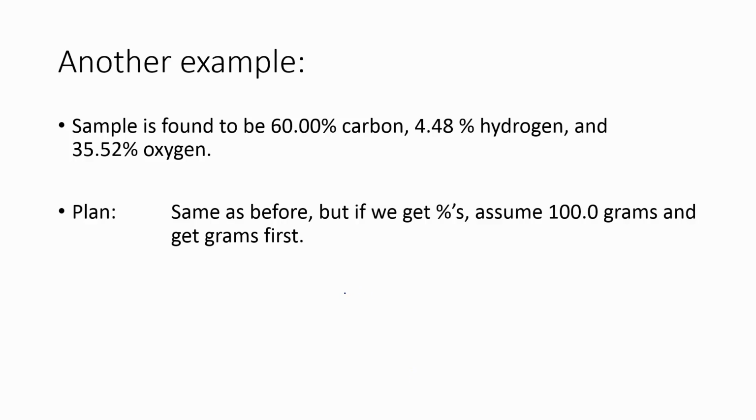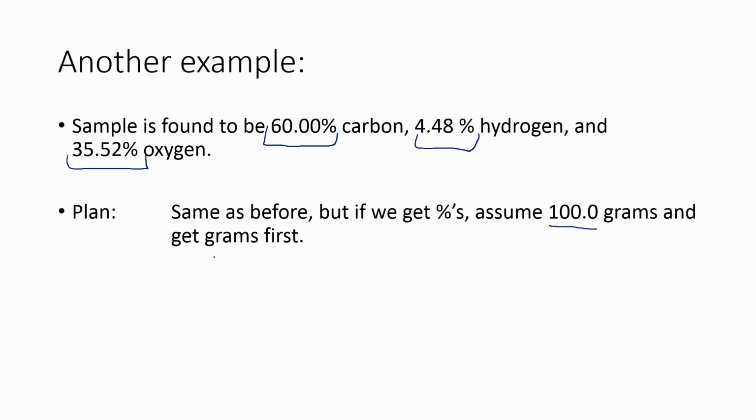So let's look at another example, but here we're using percentages. Some instrumentation that you use to measure elemental abundance will give you percentages for the different amounts. So same thing as before, but if we have percentages, our first step is instead to assume that we have 100 grams.